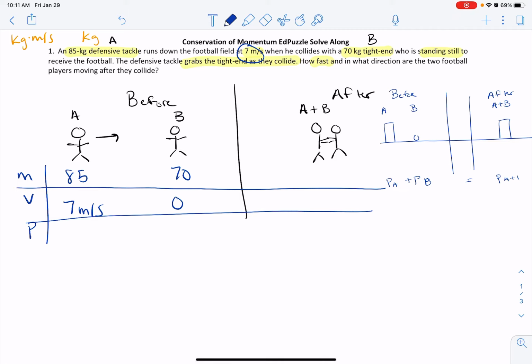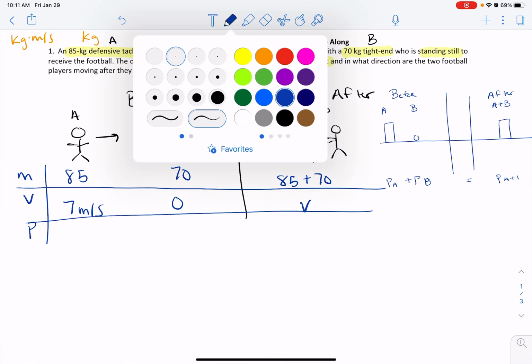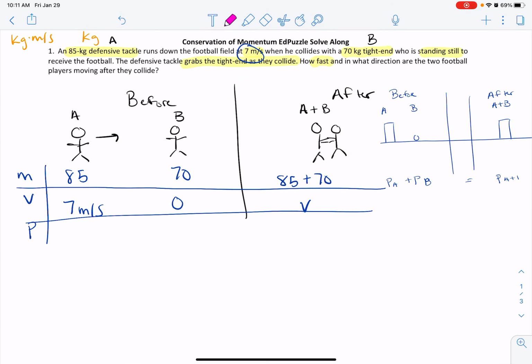And then after, their masses are going to combine, so our mass is going to be 85 plus 70, and our velocity we don't know, so I'm going to leave it as V. Now we can start calculating momentum. Remember it's mass times velocity, so this is 85 times 7 plus 70 times 0.